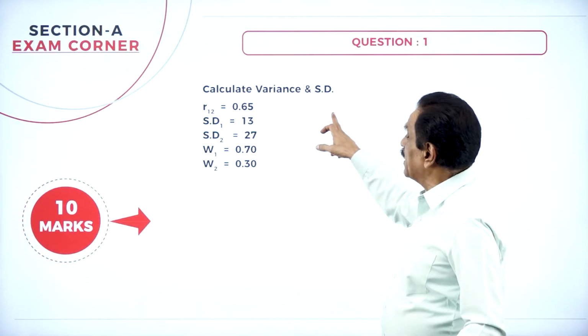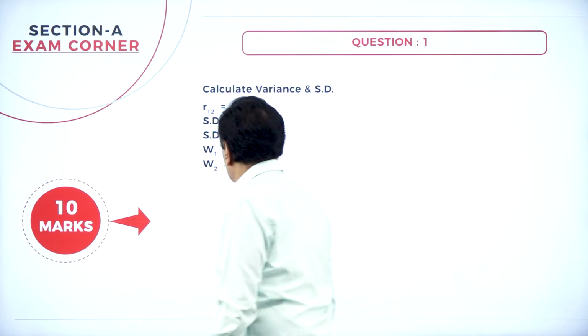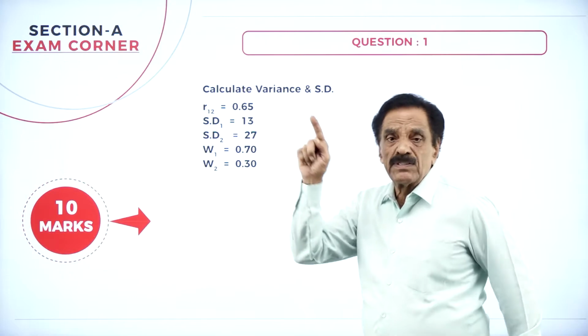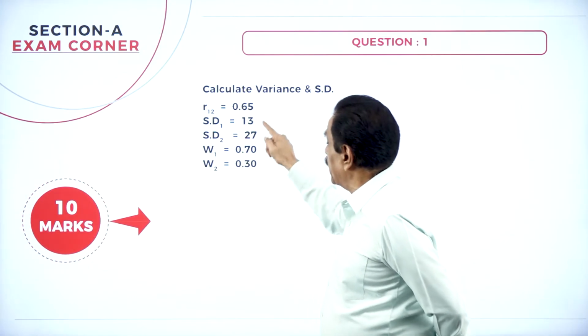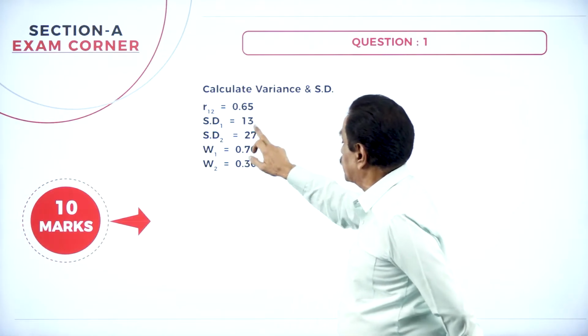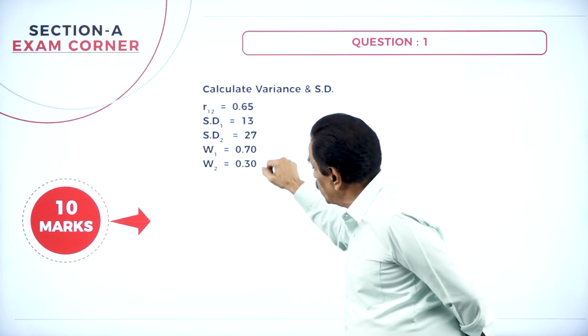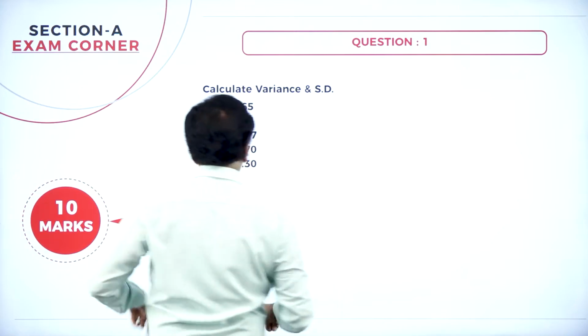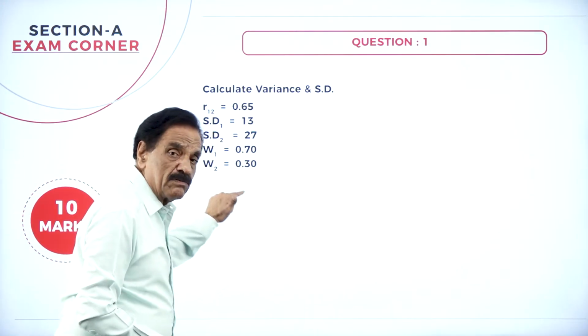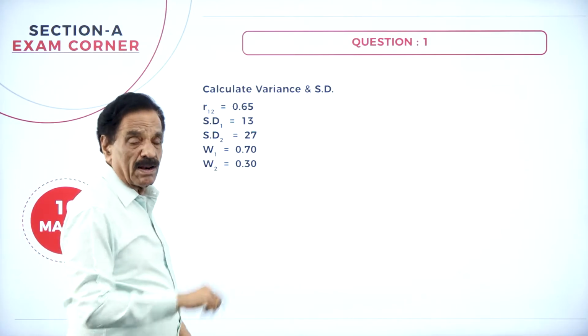So, calculate variance and standard deviation. I have given the risk return as root of sigma 1 square W1 square plus standard deviation 2 square W2 square plus 2 into standard deviation 1, standard deviation 2, weighted 1, weighted 2 into R. What's the formula?